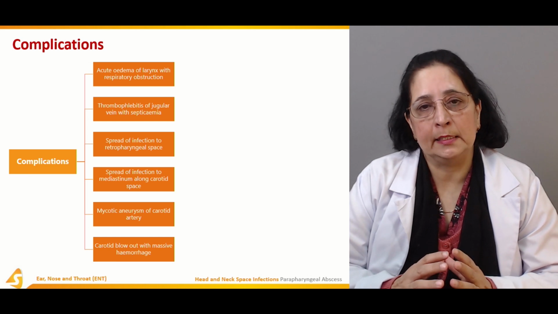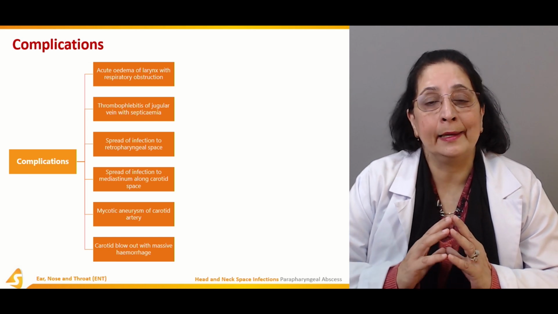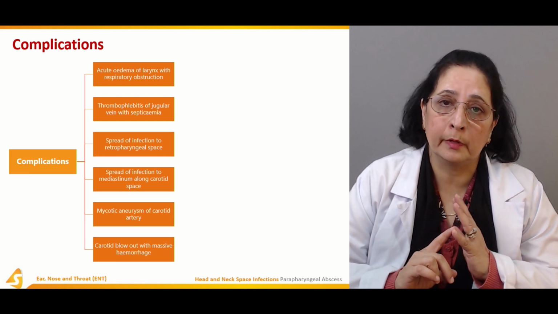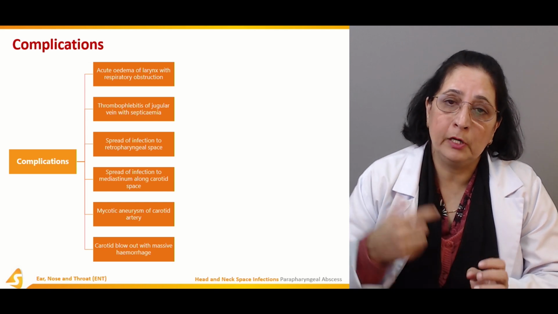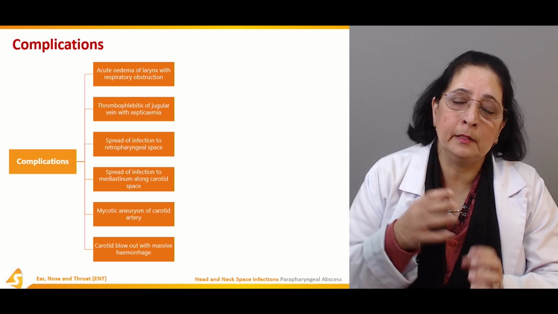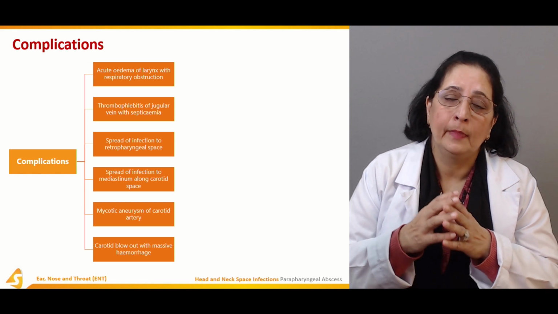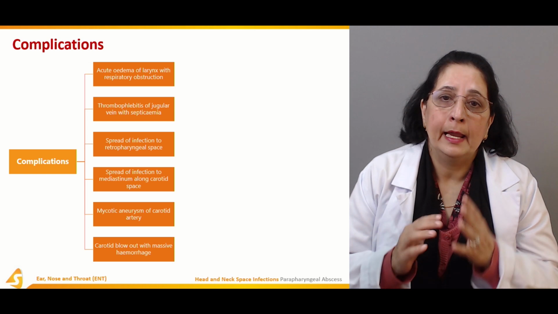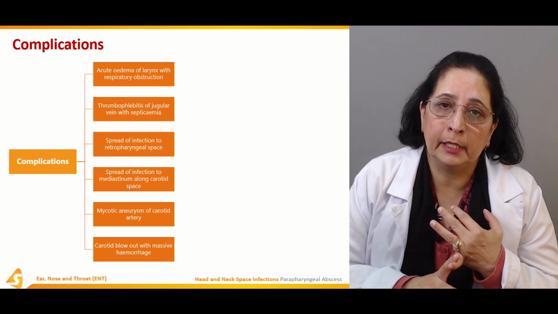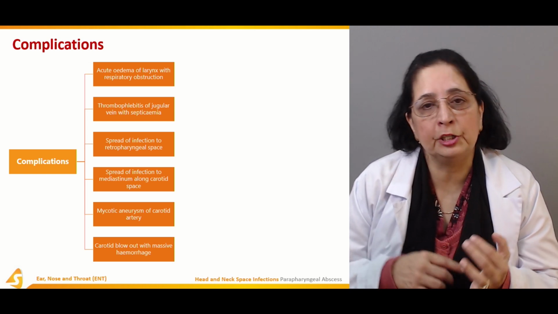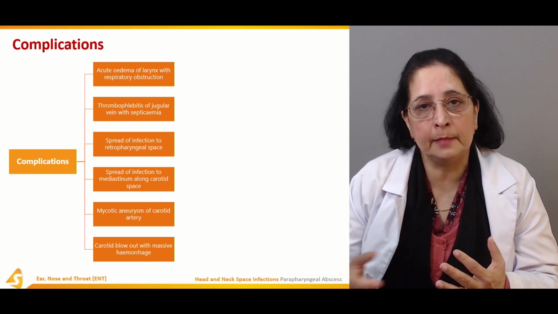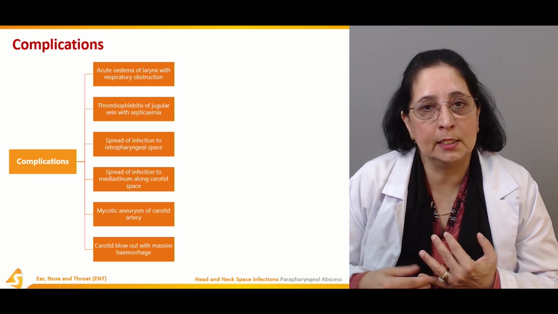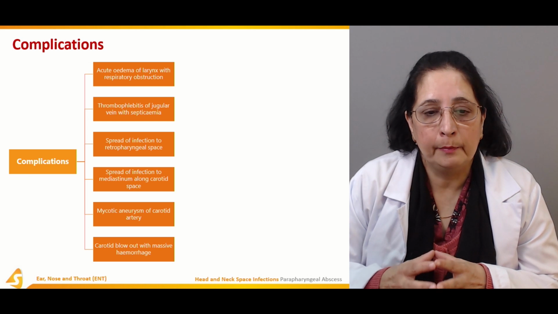All these abscesses, if you notice, can lead to respiratory obstruction because of the swellings present, and they exert pressure on the trachea and can cause obstruction. And then they can also cause septicemia, which can be very serious sometimes, and it's hard to treat once the infection reaches the bloodstream.